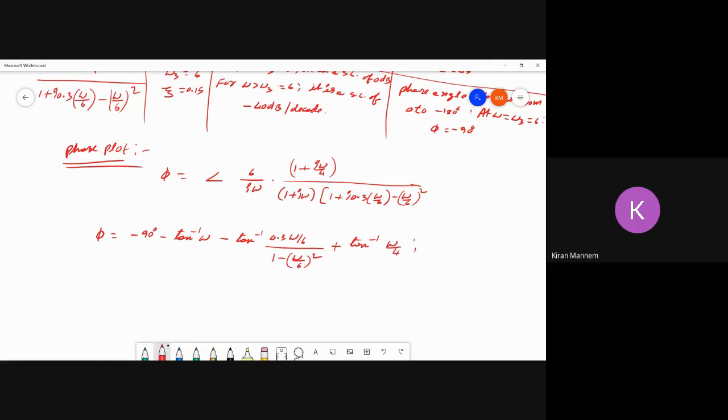So this is about the phase angle of the given transfer function. The first term belongs to our first basic factor, second basic factor, and of course the third basic factor we wrote at the end, and the fourth one is minus tan inverse. So I think you know this: imaginary term by real. So let us find the values.